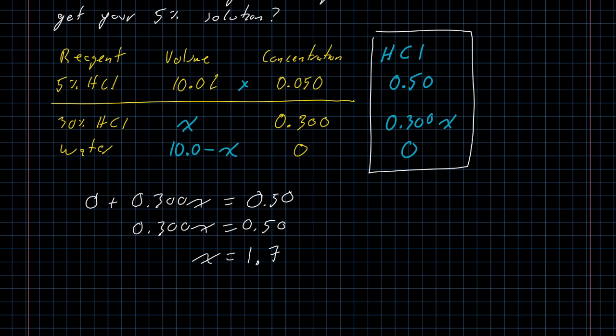And I know that x was the volume of the 30% solution. And I know that the rest of the 10 liters had to be water, so 10 minus 1.7 is 8.3 liters of water. And with that, I am able to answer this question.